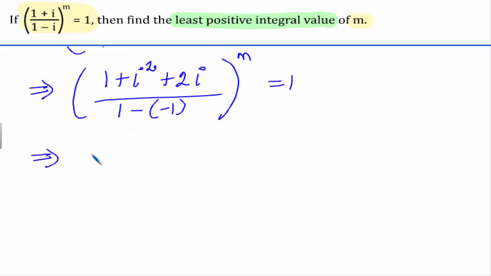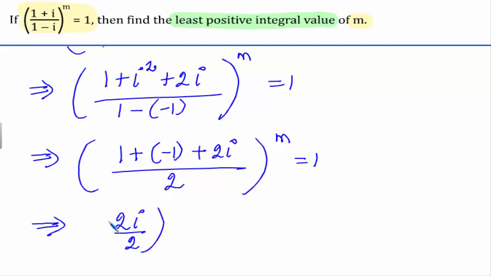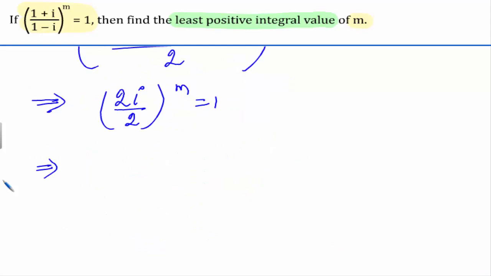This implies (1 plus minus 1 plus 2i) divided by 2 whole raised to the power m is equal to 1, since i square is equal to minus 1. This implies (2i divided by 2) whole raised to the power m is equal to 1. This implies i raised to the power m is equal to 1.